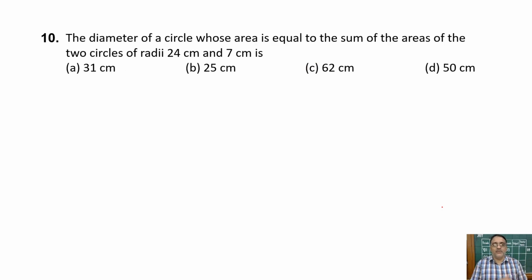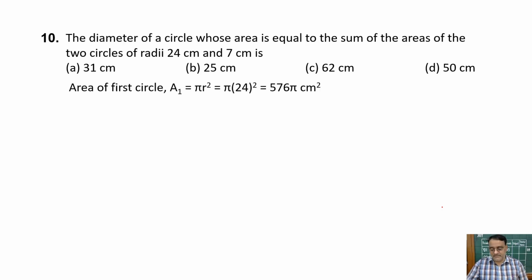Now we are moving toward question number 10. The diameter of a circle whose area is equal to the sum of the areas of two circles of radii 24 centimeter and 7 centimeter is dash. So here also we can do the same thing. अभी ध्यान से देखो जो मैं बता रहा हूँ.